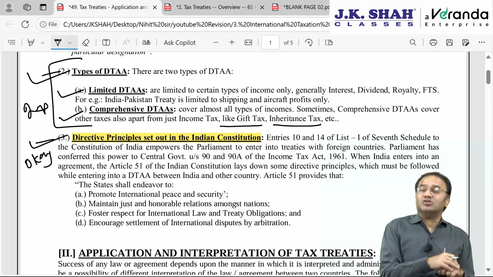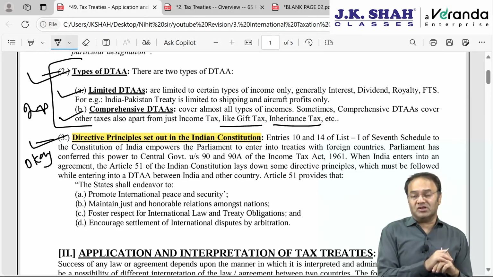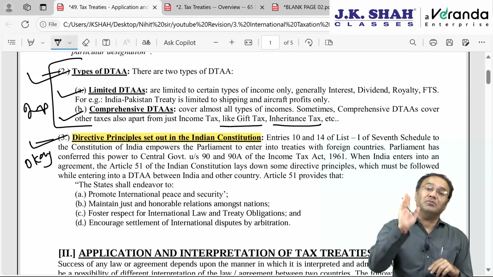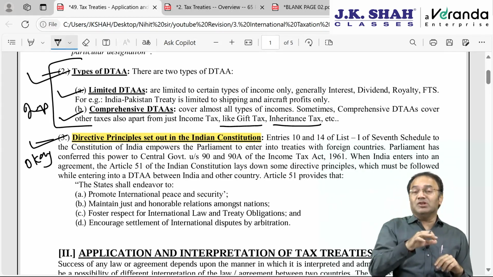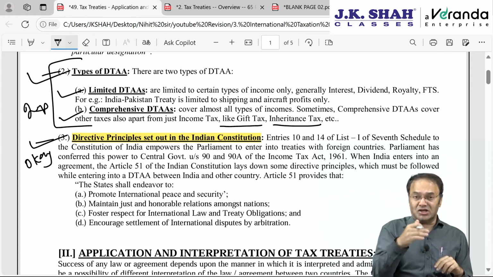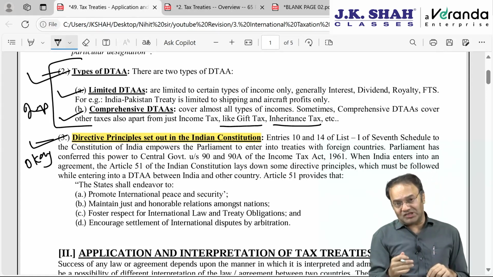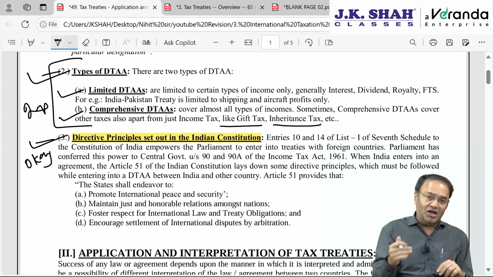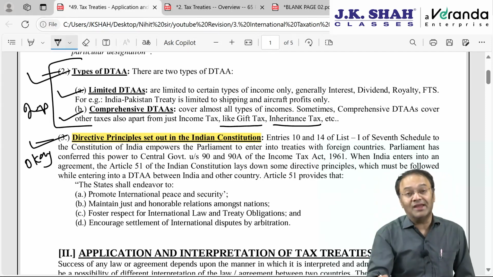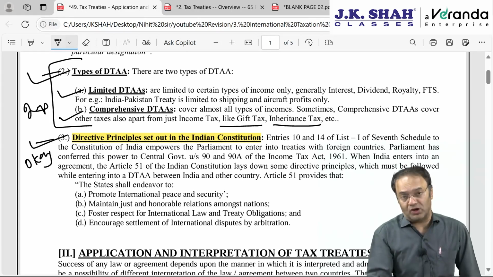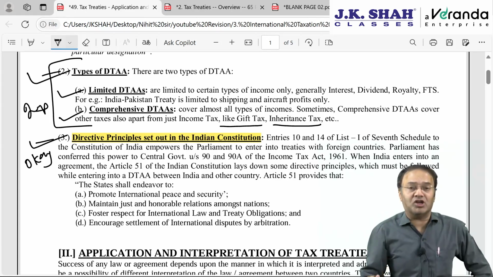So who has given authority to the Finance Minister? The authority comes from the parent law, that is the Constitution of India. The Finance Minister is given authority by section 90 and 90A of the Income Tax Act, and section 90A of the Income Tax Act derives this authority flowing from the Constitution of India, which is the parent law. After the Constitution is over, there are 14 schedules.